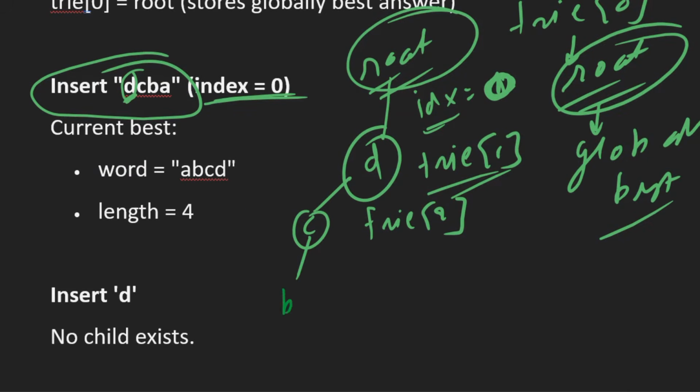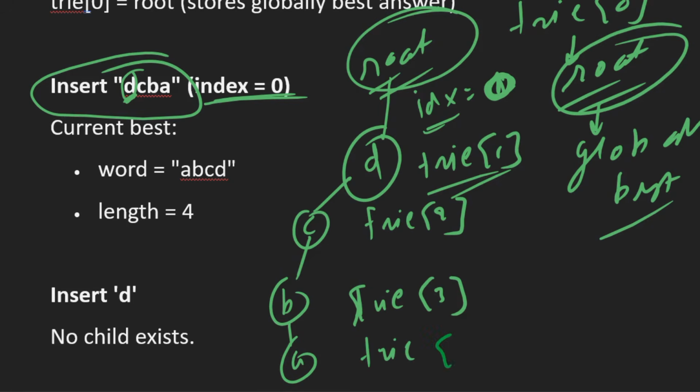Then we store b, trie of 3, then we store a, which is trie of 4, right? And here also the index value is 0, here also 0, here also 0, here also index value is 0, right?